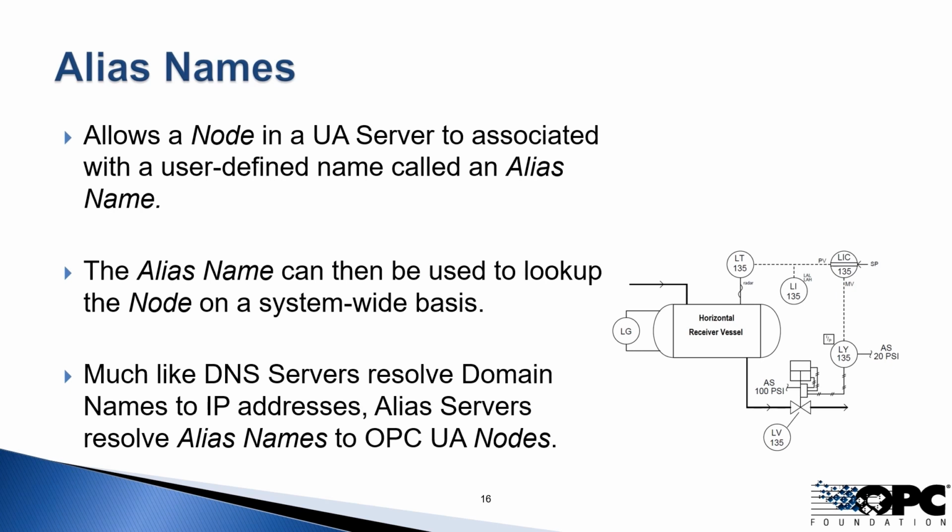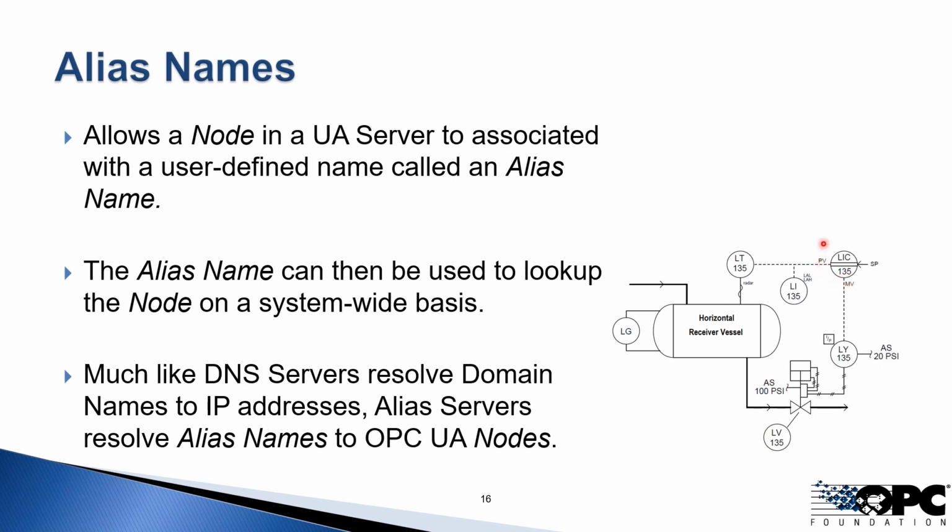And this works much like a DNS server is used to resolve a domain name to an IP address. In our case, an alias server resolves an alias name to a node in an OPC UA server. So these names, as I said, are user defined. And again, a good example of that in process systems, typically on a P&ID drawing, you'll see symbols like this.